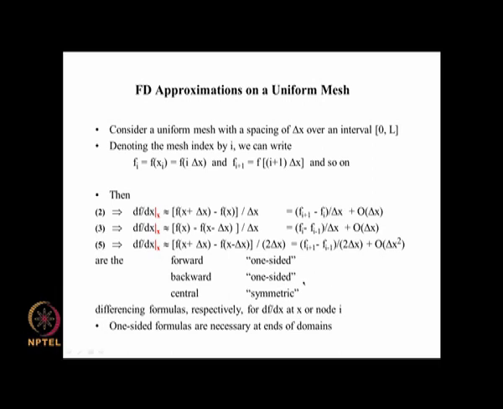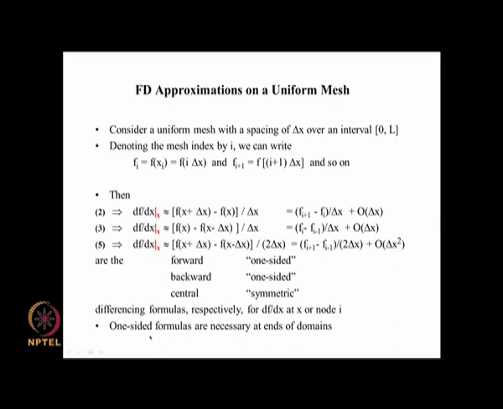If there is no point to the right of this point x or node I, then we cannot make use of the forward differencing. Similarly, at the left edge of a boundary here, we cannot make use of a point which is outside this computational domain. So at the edges, we would like to have one-sided differencing, and in the center we would like to have central differencing. Okay.